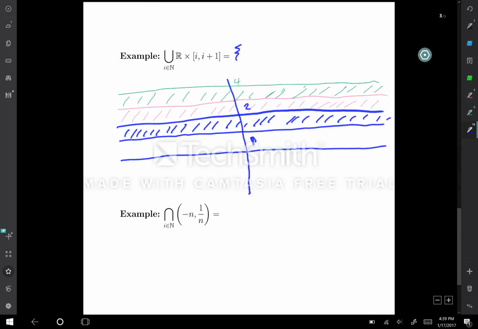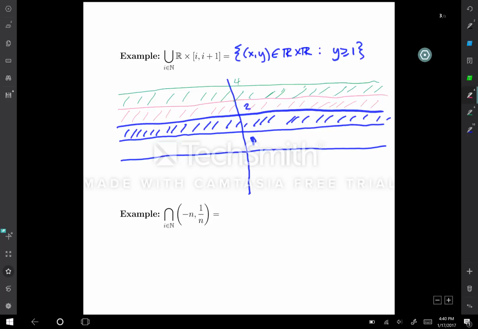So one way we could write that would be ordered pairs that are elements of R cross R such that y is greater than or equal to 1.